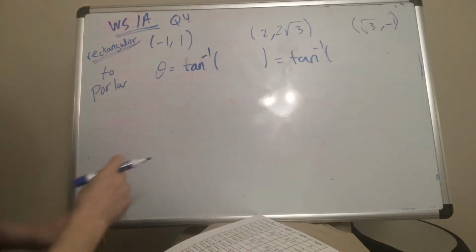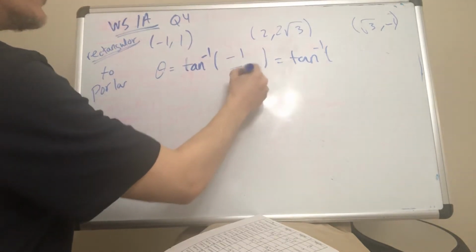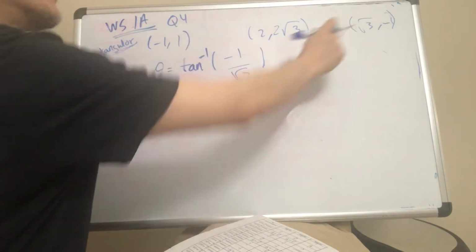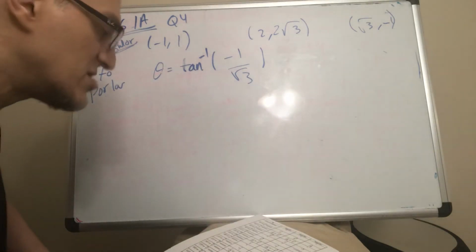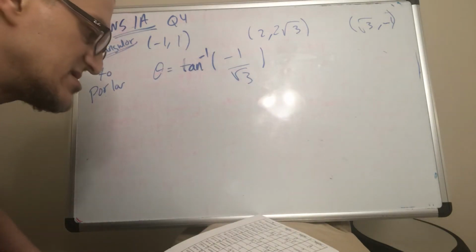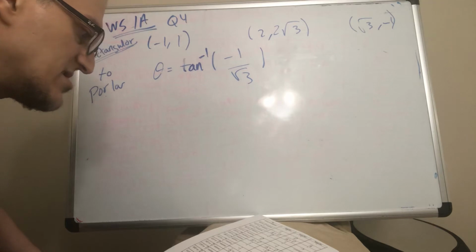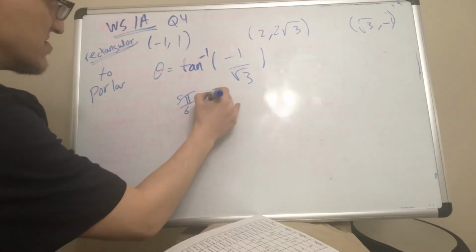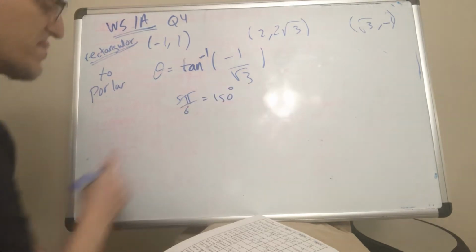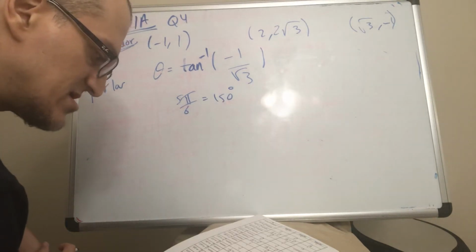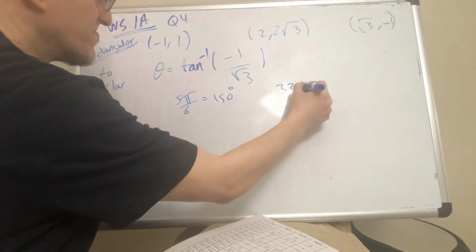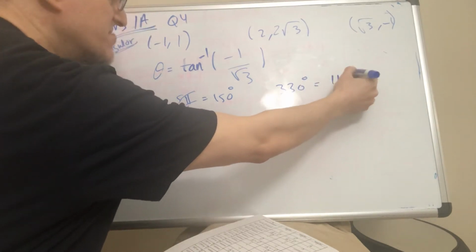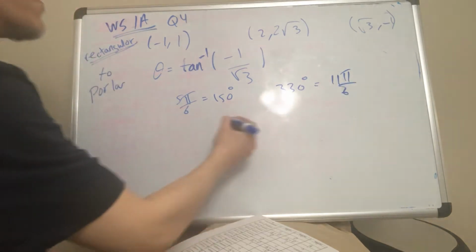Tan theta is y over x. And if you go to look for this, you'll see it at 150 degrees, 5 pi over 6. This is 150 degrees. And you'll see it again at 330 degrees, which is 11 pi over 6.